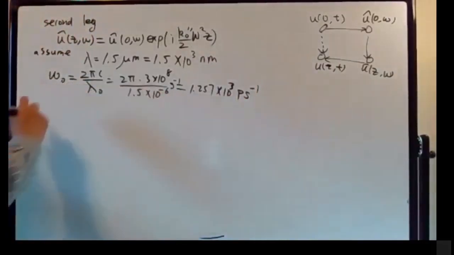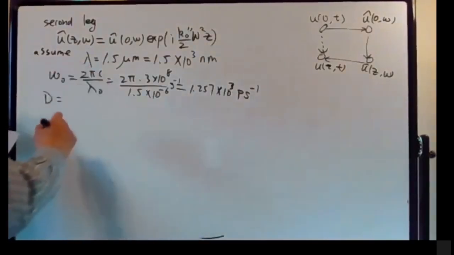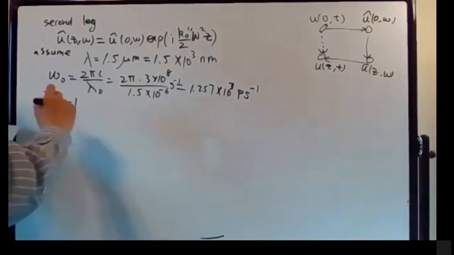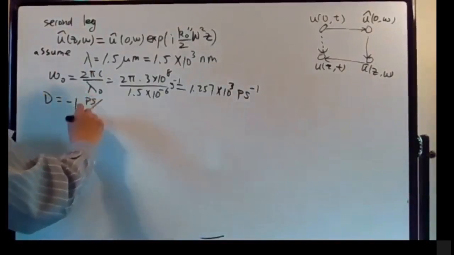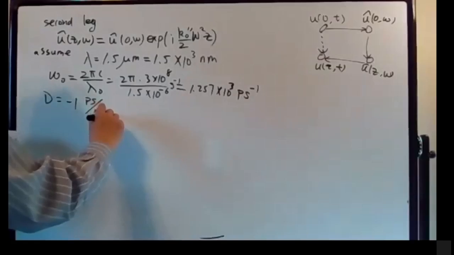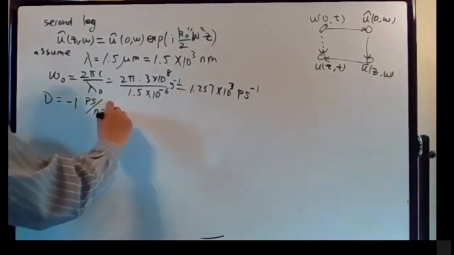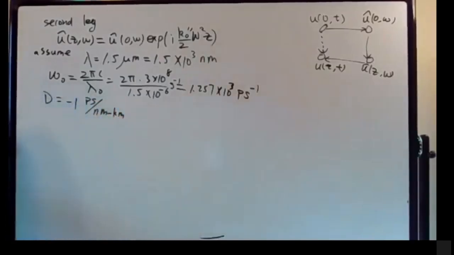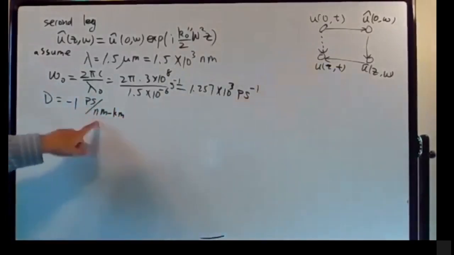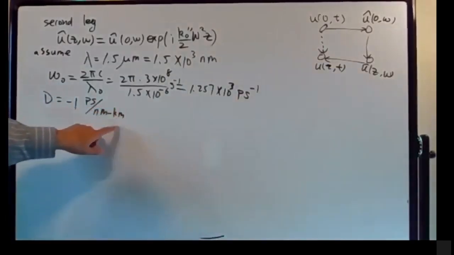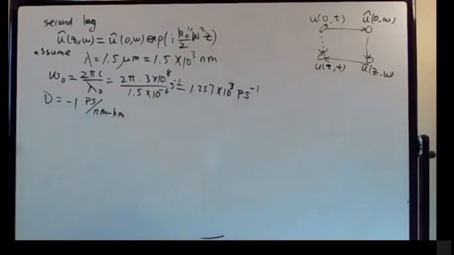Okay. So D, the dispersion of this optical fiber, is negative 1 picosecond per nanometer per kilometer. I'm using this dash as per nanometer per kilometer, which means kilometer is in the denominator. So that's the dispersion.